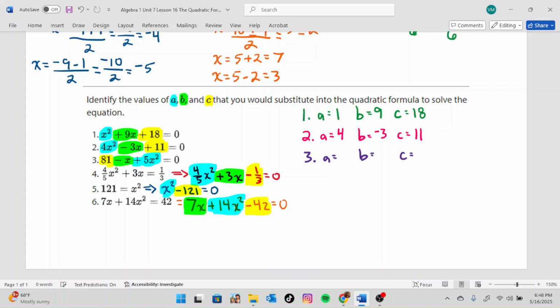Number 3. The a term is the coefficient with the x squared. So a equals 5. The b term is the coefficient with the x. Since we don't see a number, but we do see a negative sign, that is understood to equal -1. And the c term is the constant. That means c equals 81.